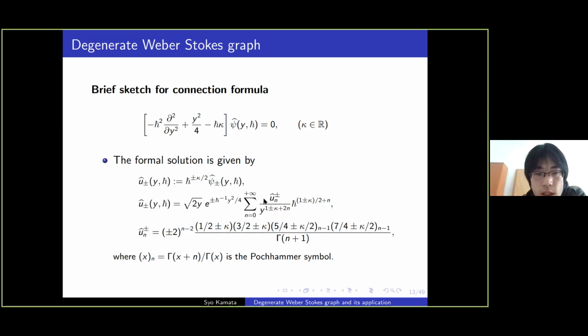This coefficient is given by the Pochhammer symbol and depends on kappa. An important factor is that this wave function u has a Gaussian type, something like this. So this is the main difference from the Airy type.